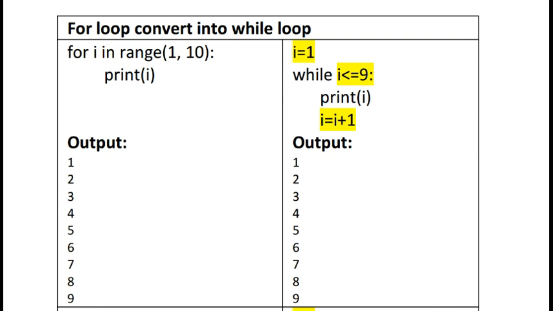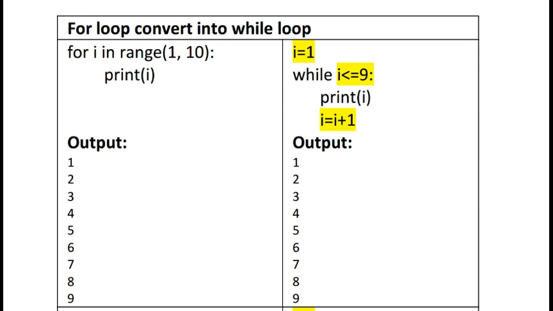But one thing is important in the exam: converting this for loop into a while loop. So you can see the highlighted part, which we can expand. Here the loop starts from i is equal to 1. Here we use while.